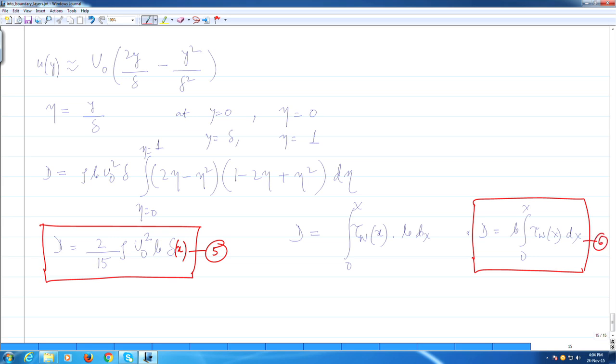Now that I have that, from 6 I can write, this is what I get from 6.